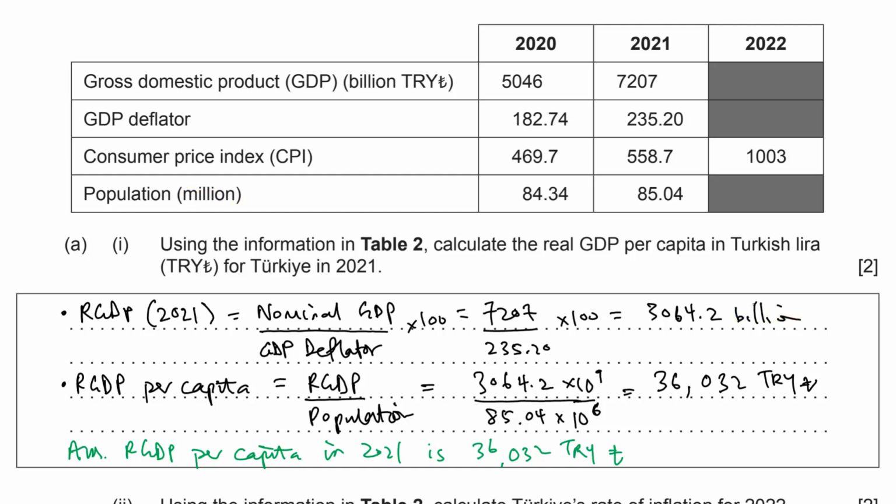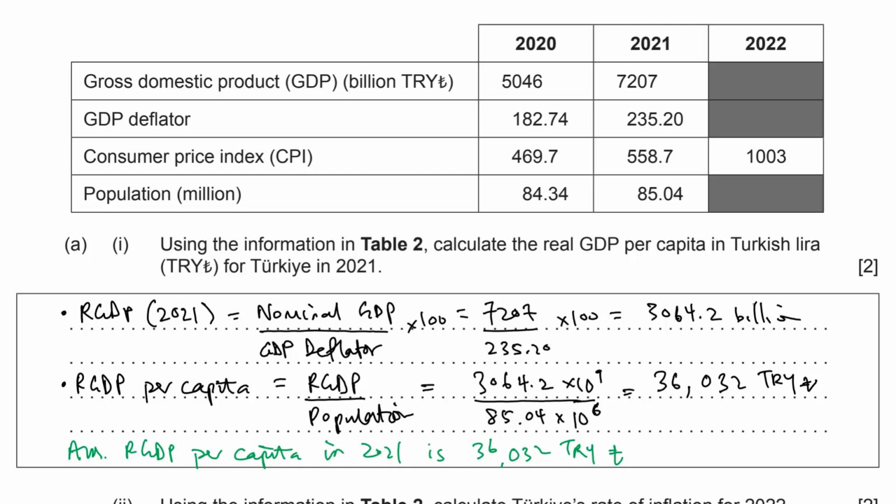If I just take this figure here, 3064.2, real GDP, and divide it by the population of 85.04 million, that would be incorrect because the real GDP is measured in billions, whereas population is measured in millions. So we have to take that 3064.2, multiply it by 1,000, and then divide by 85.04, and that's going to give us real GDP per units of Turkish lira.